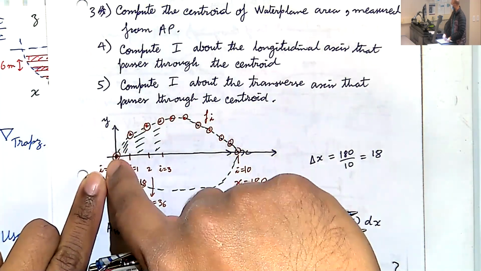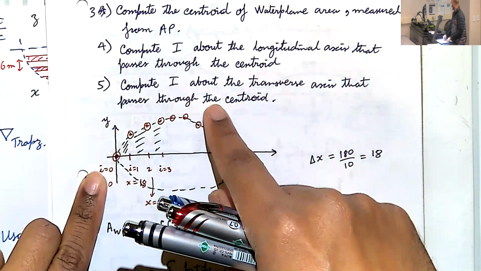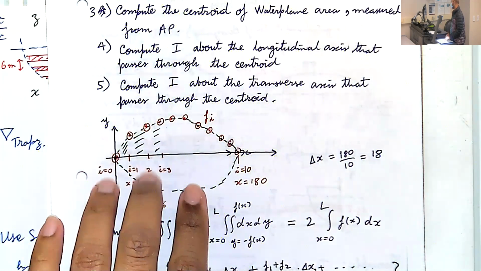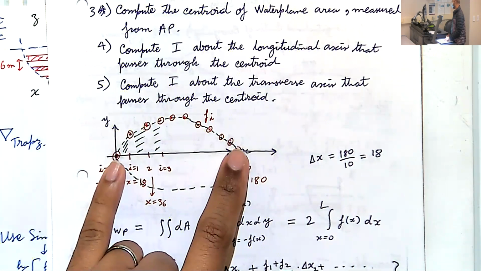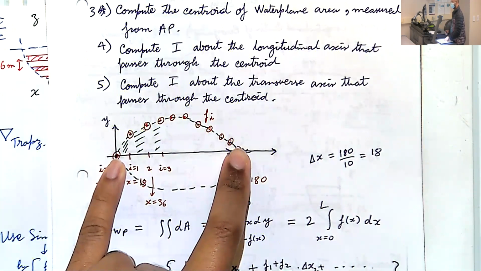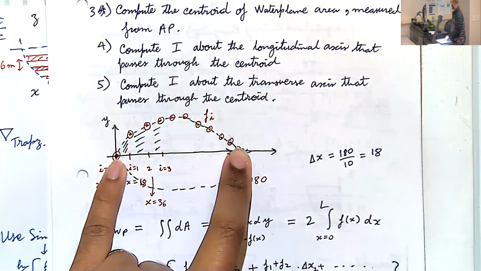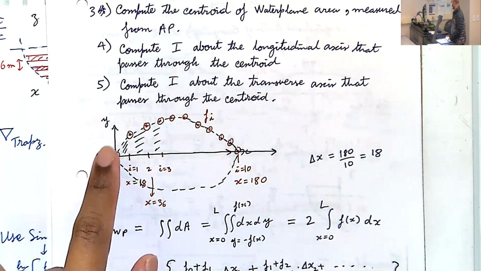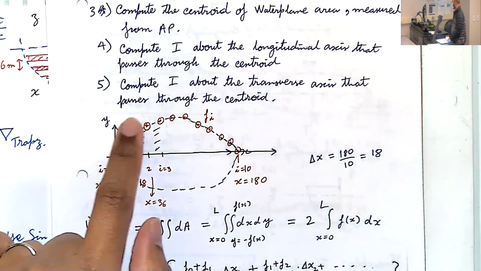Another option, of course, is to form an analytical fit to all of these points, which is not necessarily the best option because it can create weird numerical issues. So the easiest thing to do is compute the water plane area using numerical integration.